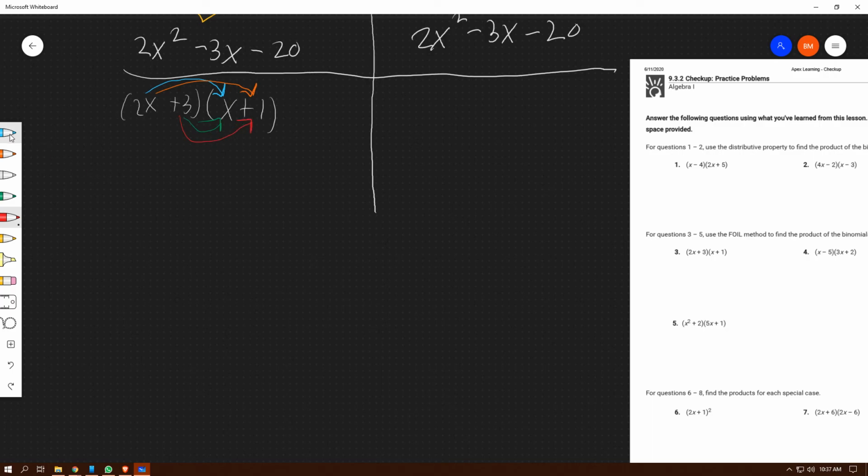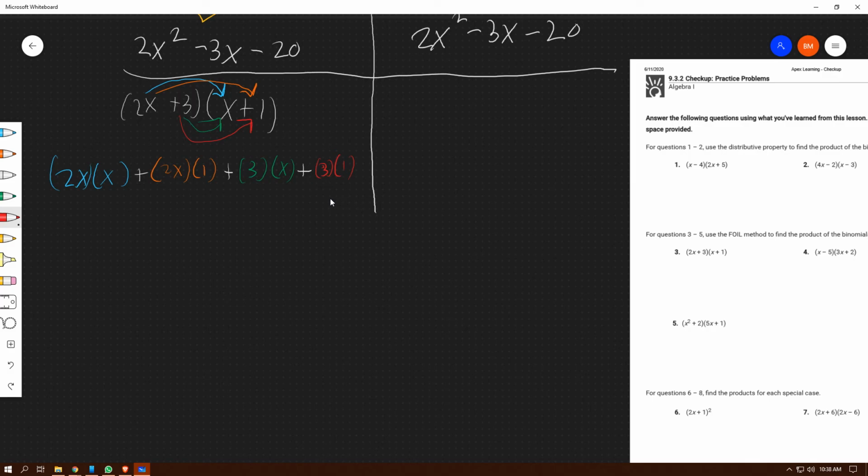and there. So we're going to have 2x times x, and then I'm going to have 2x times 1, that's the outer, and then we're going to have 3 times x, and then we're going to have 3 times 1.